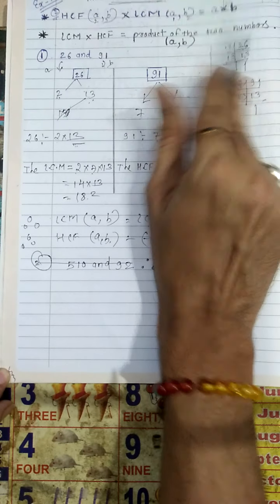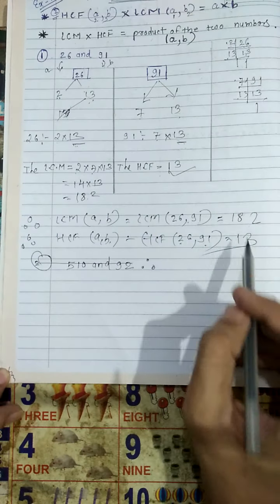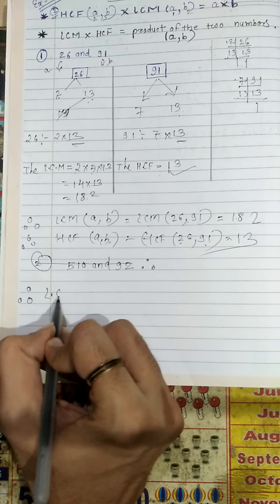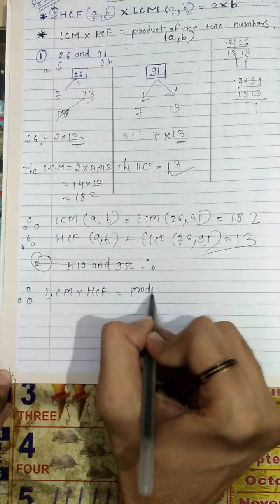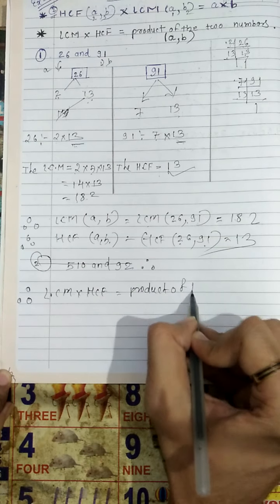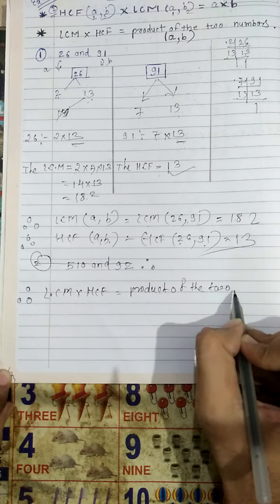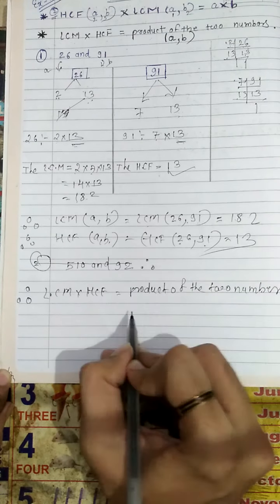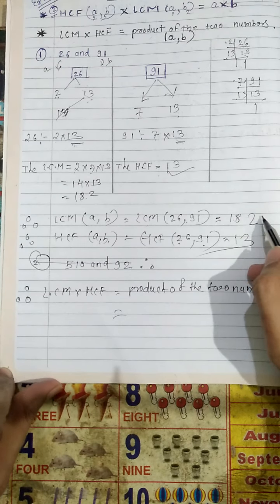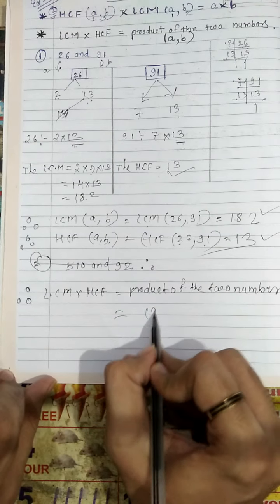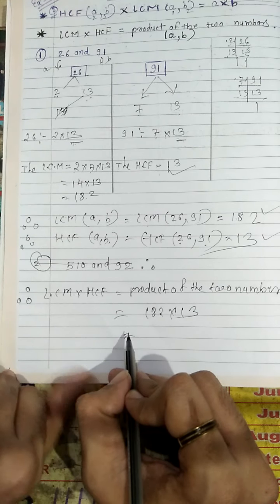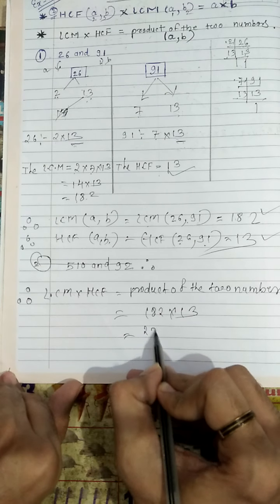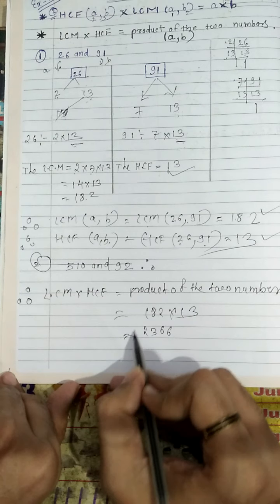The product of the two numbers A and B. I am writing here LCM multiplied by HCF, the product of the two numbers, 26 and 91. LCM 182 and HCF 13. You do the multiplication: 2366. This is your final answer.